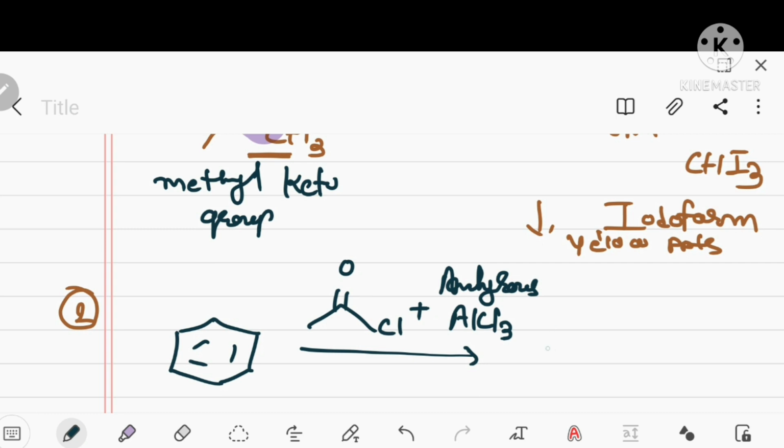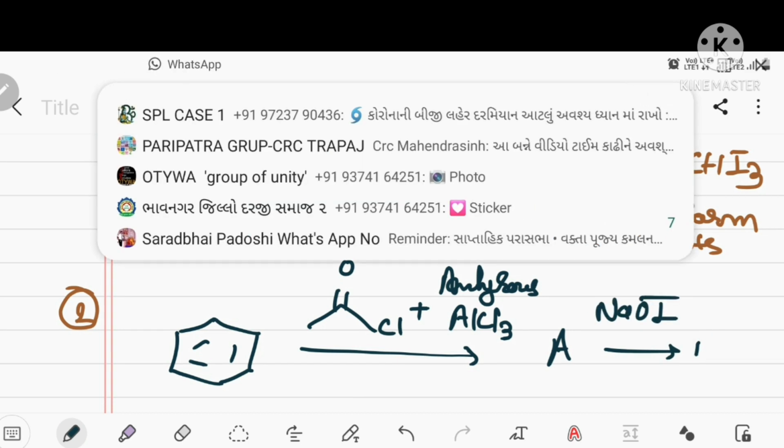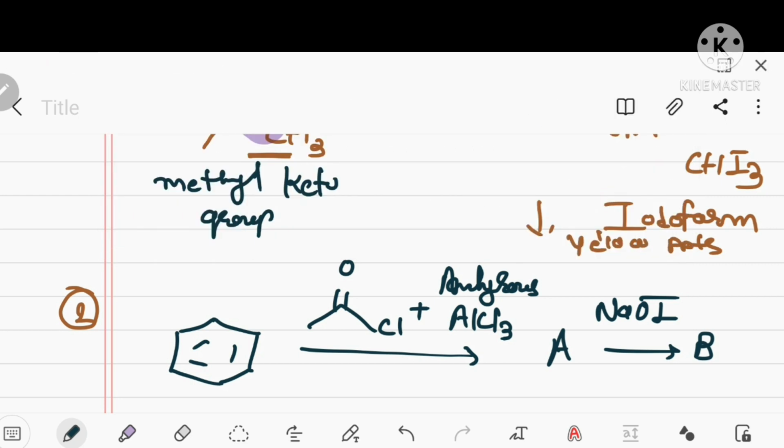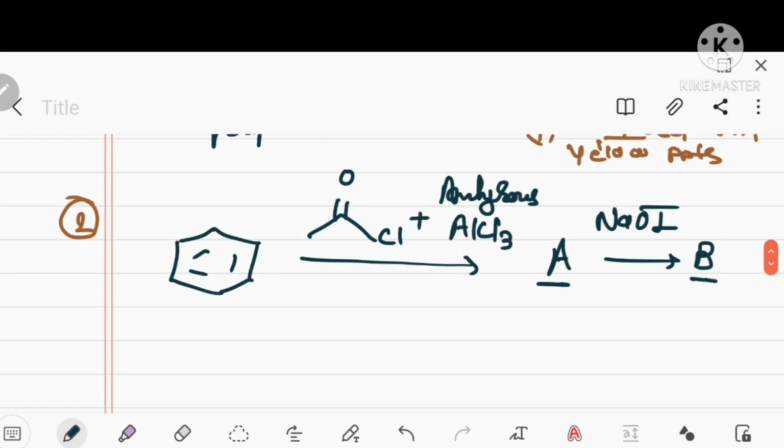Compound A is formed, and that compound again reacts with NaOI, so compound B is formed. What are A and B? You can pause the video and give the answer yourself.